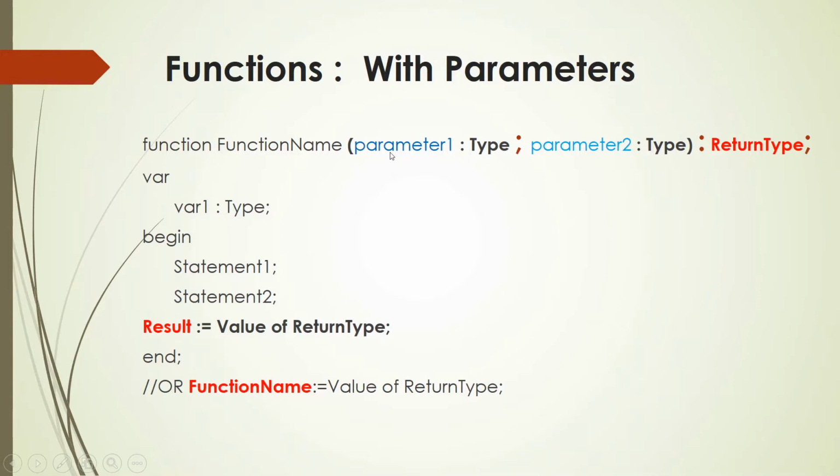If it is of the same data type, for example, sname1, sname2, colon, string, then you can list both those parameters and then separate it with a semicolon and then the next data type. So here again is your first parameter, colon, data type, semicolon, second parameter, colon, data type. So these are the two parameters, the values that are brought into the function.